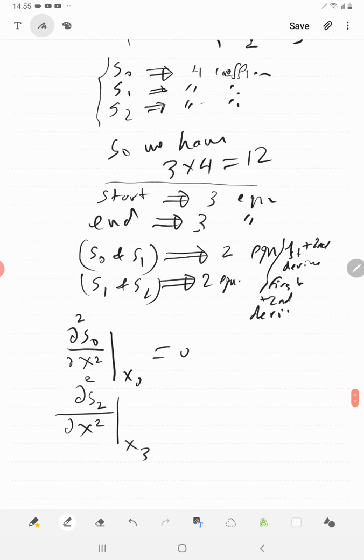That will give you the natural spline. So we have 3 plus 3, 6, 2 plus 2, 4, that's 10, and here we have 2, that's 12 equations. We can solve them to obtain the parameters or functions.